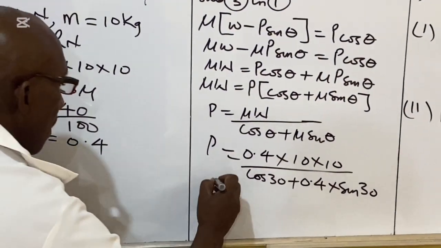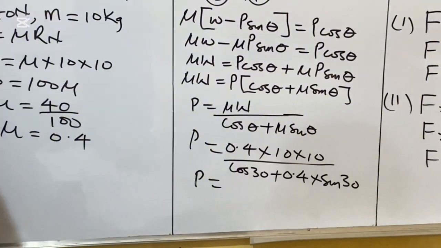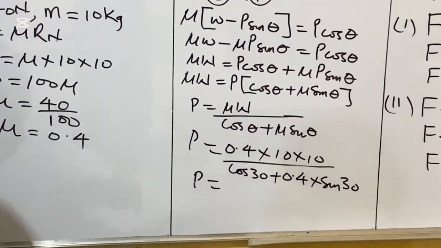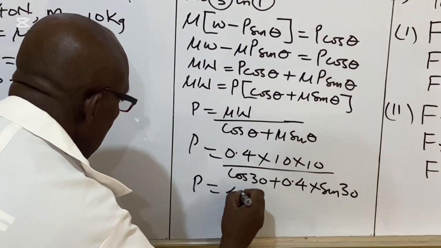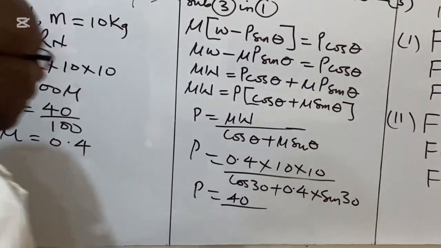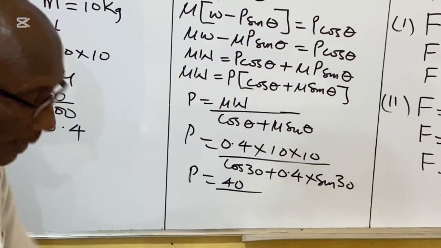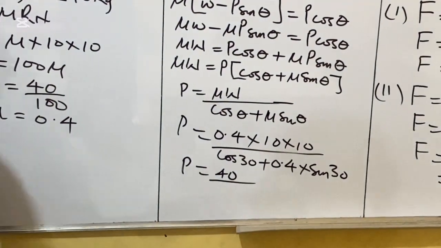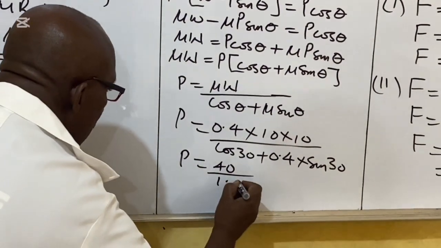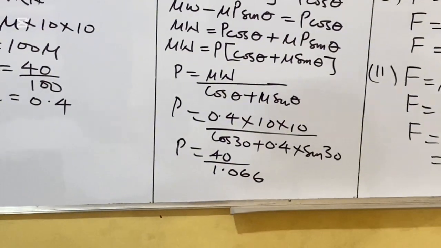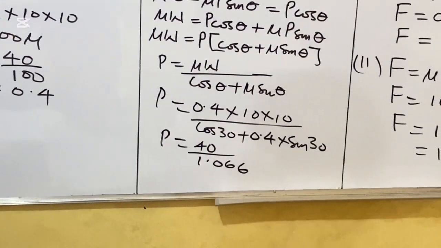Now this will give us P is equal to 0.4 times 10 times 10, which is 40, over cos 30 plus 0.4 times sine 30, which gives us 1.066. So if we evaluate this, it will give us 37.5 Newton.